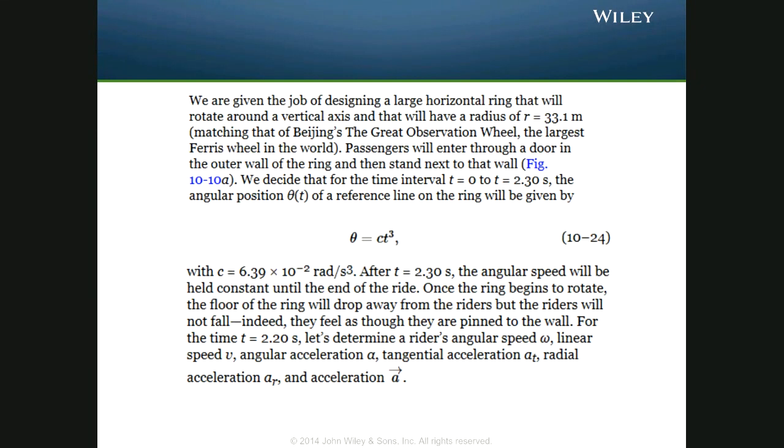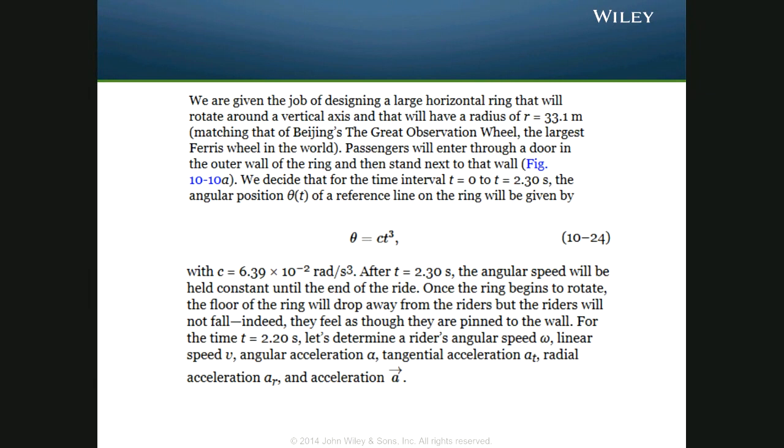So we are given the job of designing a large horizontal ring that will rotate around a vertical axis and that will have a radius of 33.1 meters, matching that of Beijing's Great Observation Wheel, which is the largest Ferris wheel in the world, apparently, at the time of this writing. Passengers will enter through a door in the outer wall of the ring and then stand next to that wall.